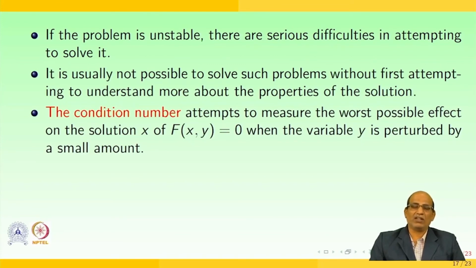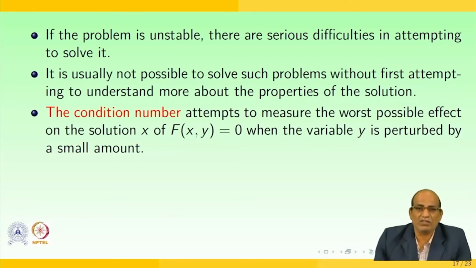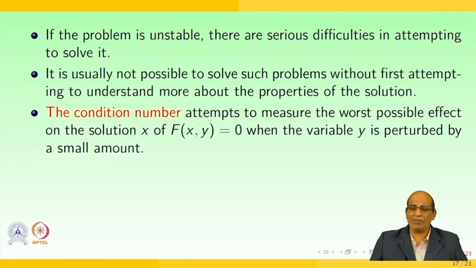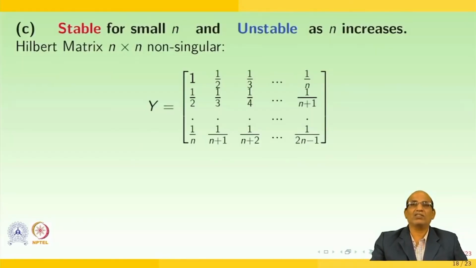One way, which many people use in fuzzy logic systems, where we also use whether the system is stable or unstable. The condition number attempts to measure the worst possible effect on the solution x of f(x) = y when the variable is perturbed by a small amount. In realistic situations, perturbation is quite common because you need to handle realistic situations.